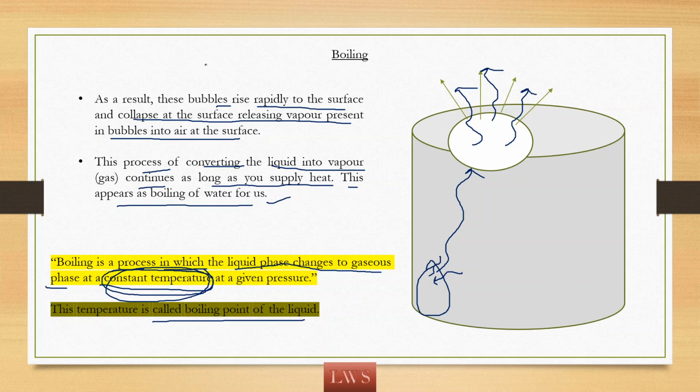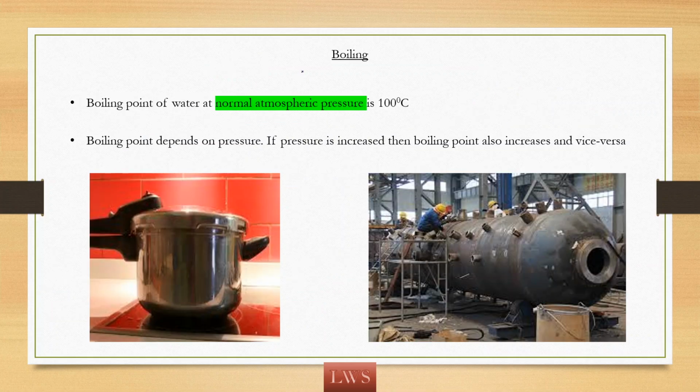So in this case, for water at normal atmospheric pressure, the boiling point is 100 degrees Celsius. For another liquid like petrol or alcohol, the boiling point might differ. Remember this, the boiling point of water is 100 degrees Celsius when the pressure is the atmospheric pressure.